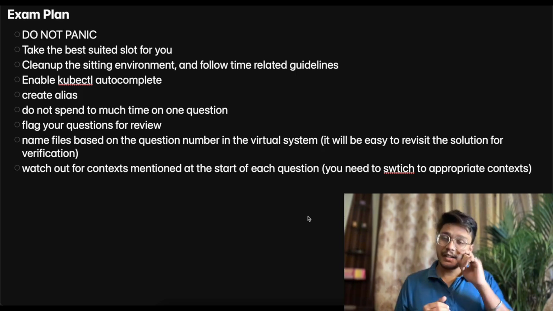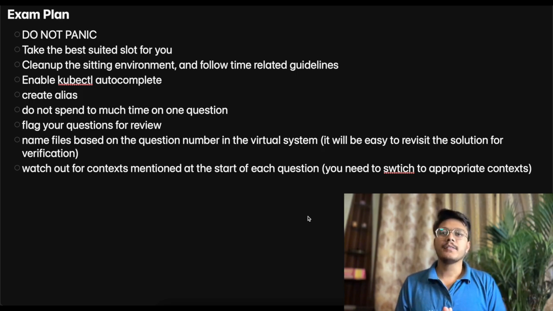Also follow the time-related guidelines. As I already said, you need to log in half an hour before your actual exam slot. Now, while giving the exam, you will have 16 to 20 questions. The number will vary.